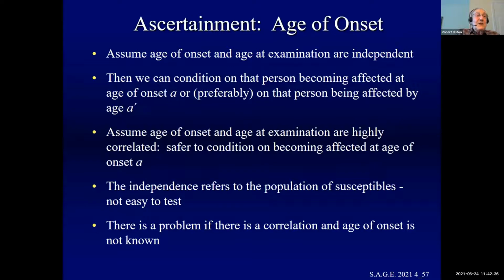So the point is that if you condition on at age of onset, you are conditioning on more, and so you lose information. But if you condition on at, it's safer. Sorry, that's what I said. If you condition at, you lose information. You'd like to say by, but you can't.